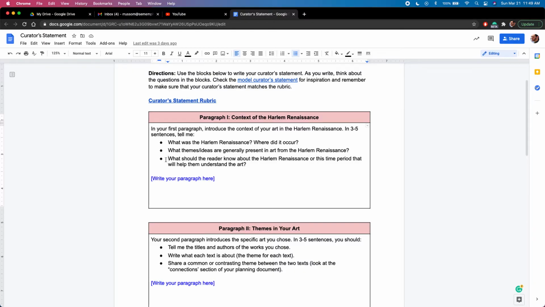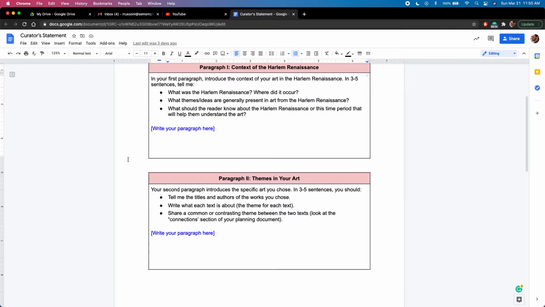Or you could, if you're writing about a Langston Hughes poem, mention that one of the poets featured in this exhibit is probably the most famous poet from the Harlem Renaissance, Langston Hughes. Those kinds of things give the reader context for your art within the Harlem Renaissance broadly.